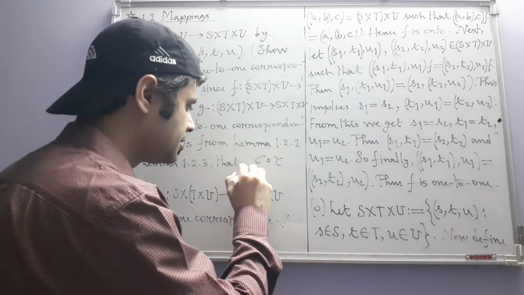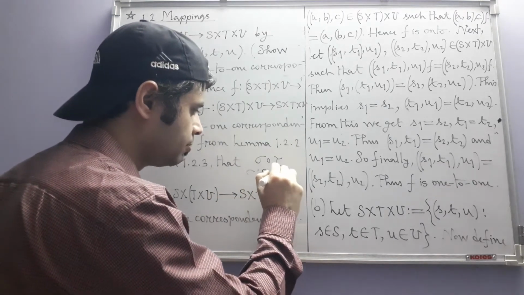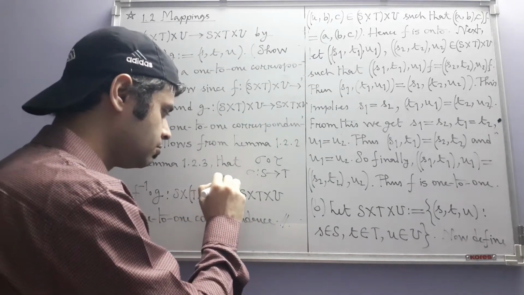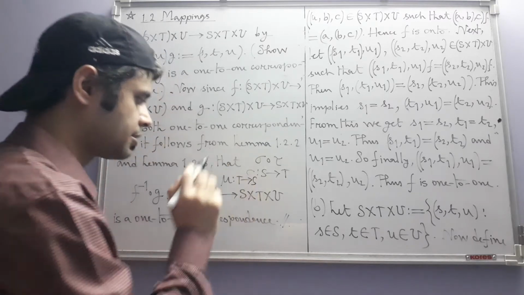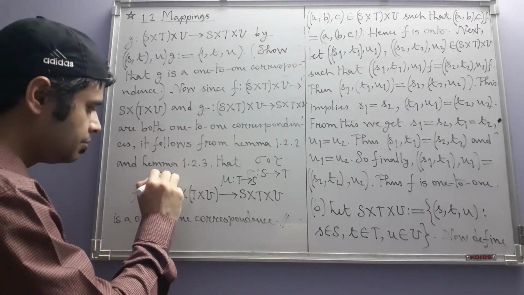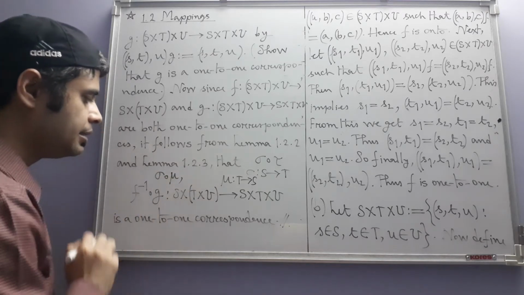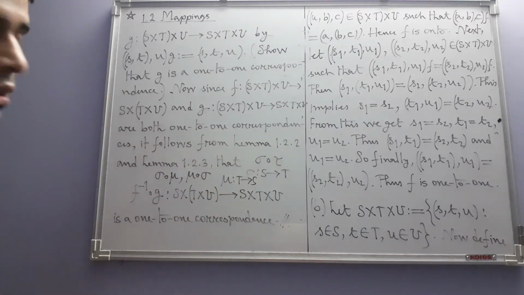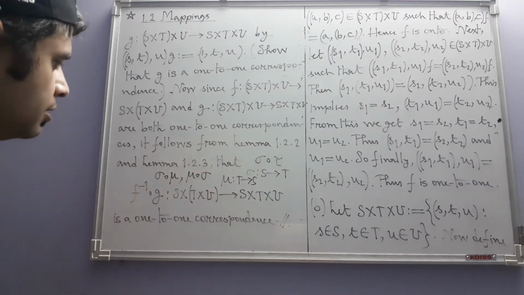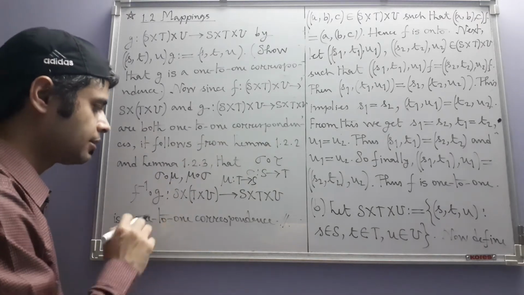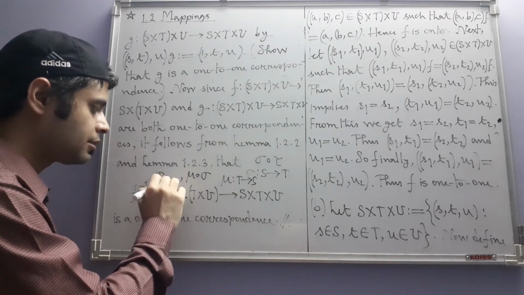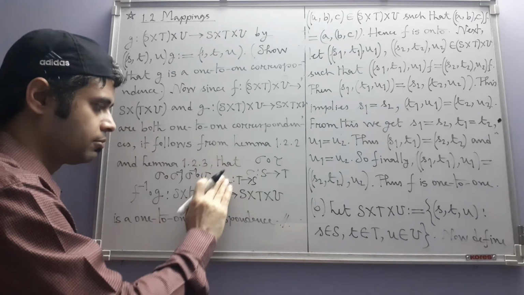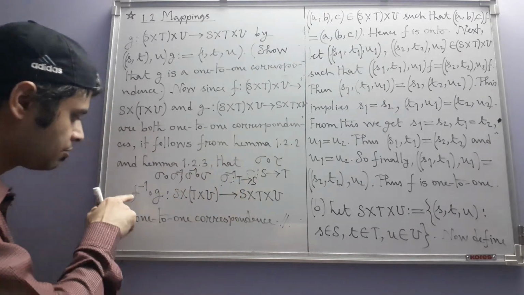You remember, if sigma from S to T is a one-to-one onto mapping, then there exists a function mu from T to S such that sigma composition mu is the identity map on S and mu composition sigma is the identity map on T. That was the statement of lemma 1 to 3, and that mu, it turned out, is nothing but the inverse of sigma. That's what we have used here.